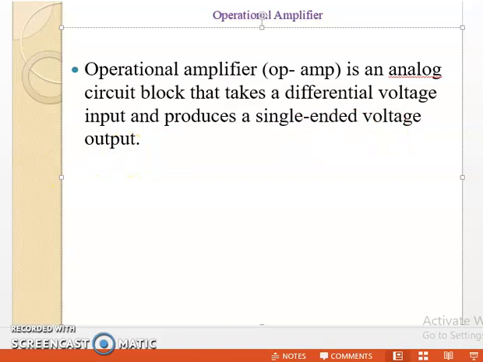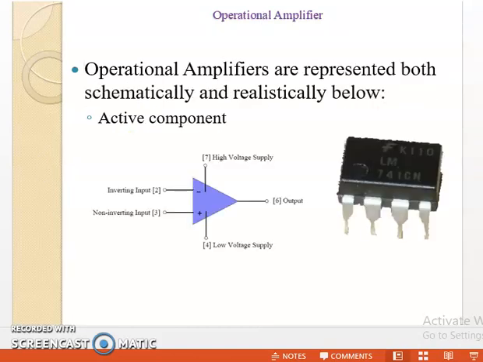Its schematic symbol is like this. Here these are the two input terminals. This is the high voltage supply electrode, this is the low voltage supply electrode, and this is the output.